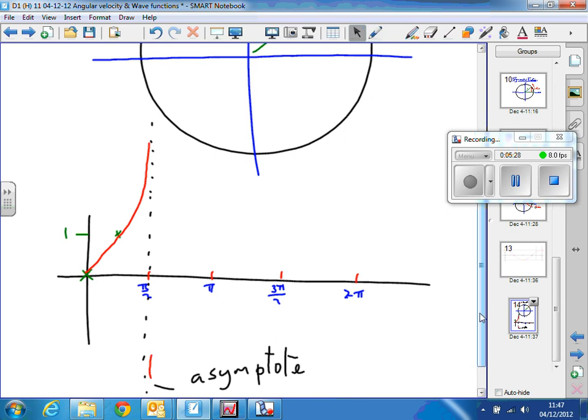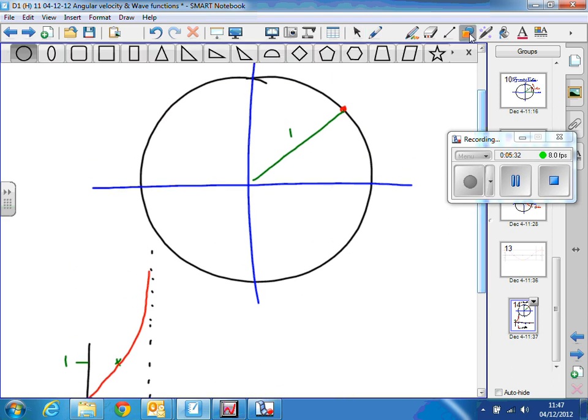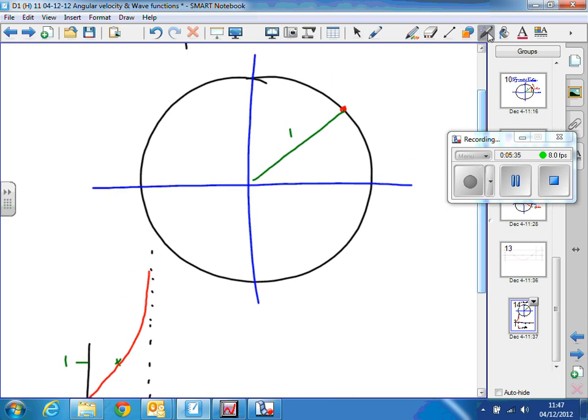Do we know any points? When is it 1 again? At which point is it 1 again?